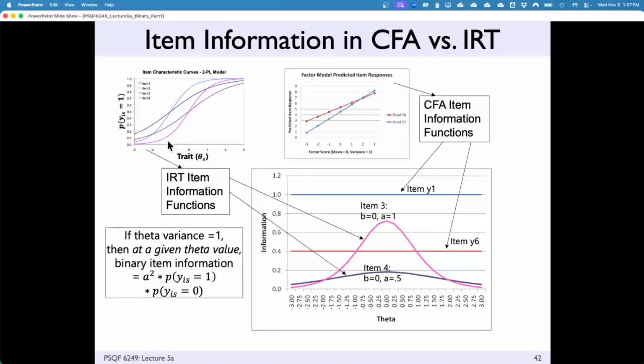Their difficulty was -1, so their peaks would look almost identical in shape, but shifted down to -1. So if I'm going to build an exam where I really want to make sure people have a minimum competency, I want to make sure people are better than 1 standard deviation below the mean, you would pick items like the blue ones to load that exam up with, for instance.